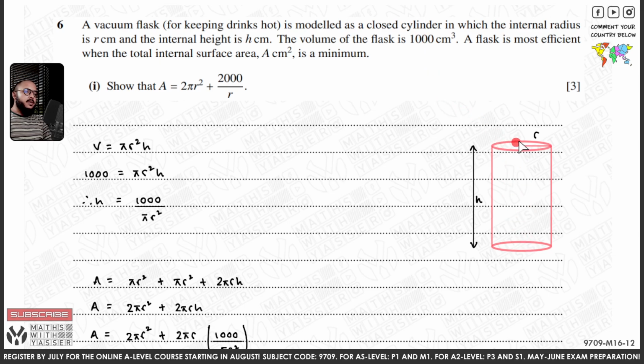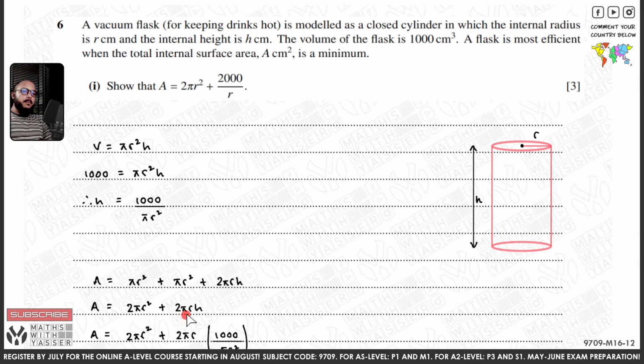We also need to consider the area at the top, the area at the bottom, and the area around it. The top area is a circular shape, as well as the bottom. So it will be 2 pi r squared plus 2 pi r h. 2 pi r is the circumference and h is the height, which gives us the surface area of the curved part, that is 2 pi r h.